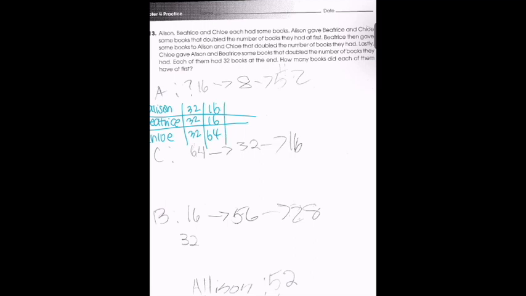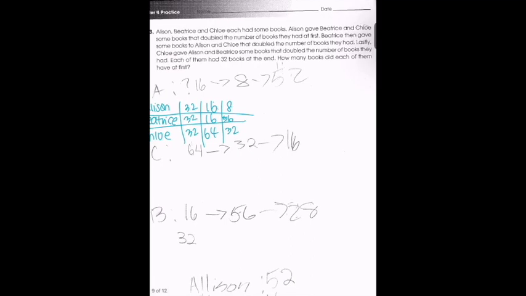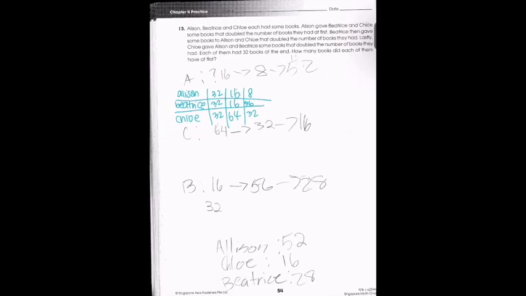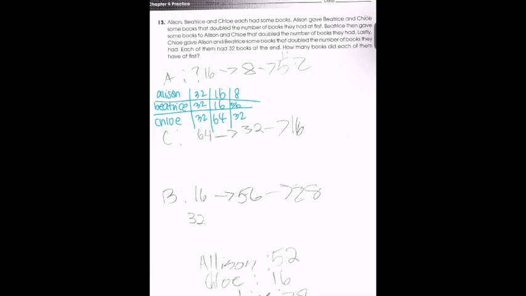And then before that, Allison must have had 8, Beatrice 56, and Chloe 32, because before that, Beatrice gave some books to Allison and Chloe that doubled the number of books they had. And then before that, Allison must have had 52, Beatrice 28, and Chloe 16.